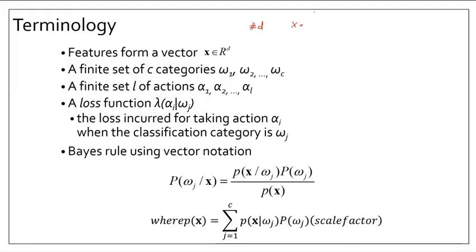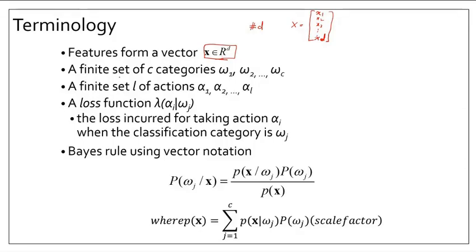Maybe this is height, this is width, maybe depth, and so on, up to d number of features. If there are d features, this will be a d-dimensional vector. So we represent this as x belongs to R^d, that is, a d-dimensional feature vector coming from real space of d dimensions.